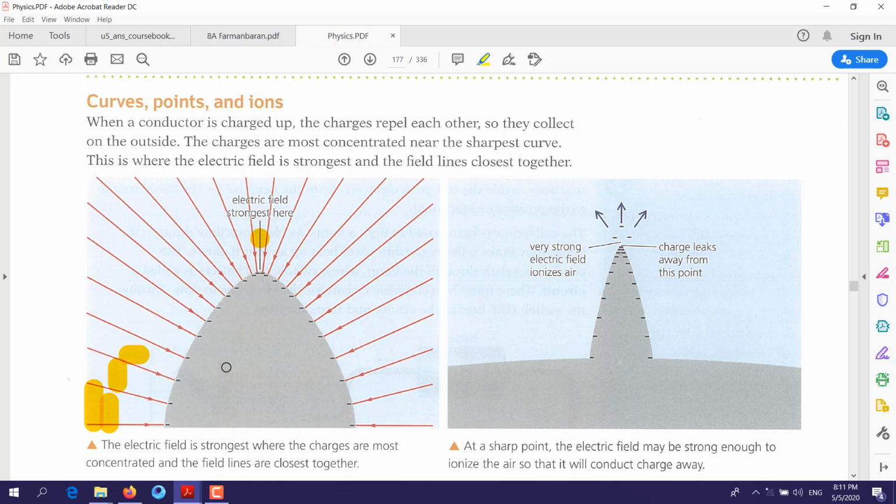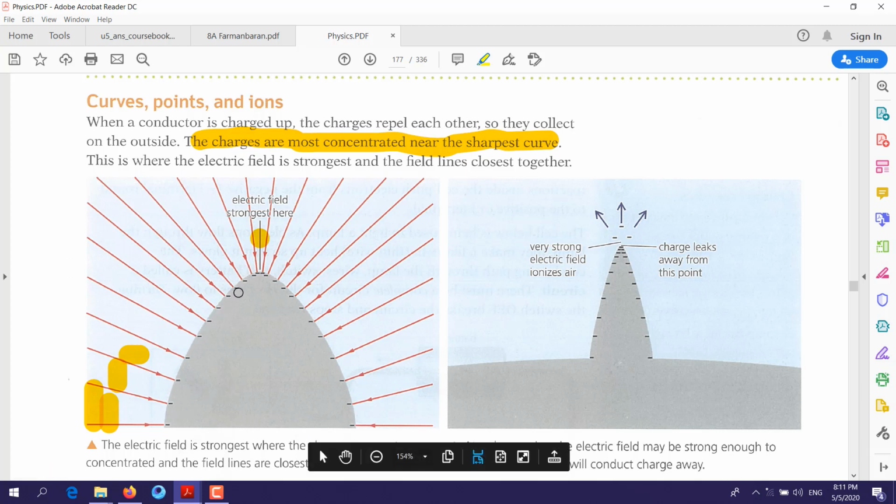Now, how does this affect things? The charges are most concentrated near the sharpest curve. So here it's a curve, but at this point the curve is sharp. So most of the charges will concentrate near this sharp end.